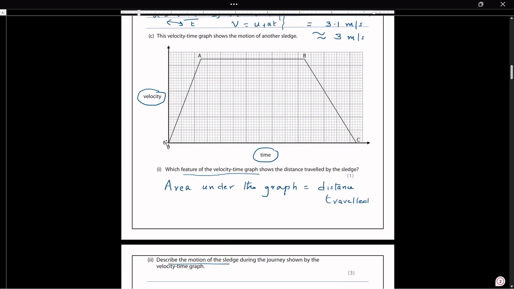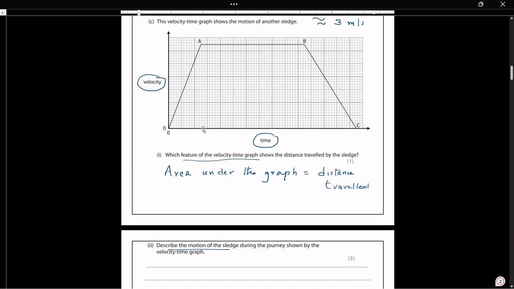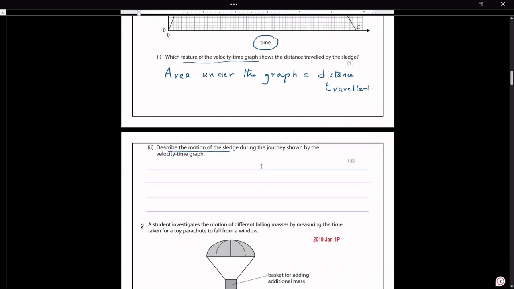Now let's see one by one. The first part, that is O to A. For a velocity time graph, if you are getting a sloped line upward, that means the body is moving with an acceleration. That is, there is a uniform increase in speed, a steady increase in speed or velocity.